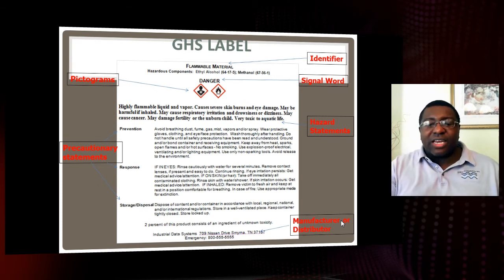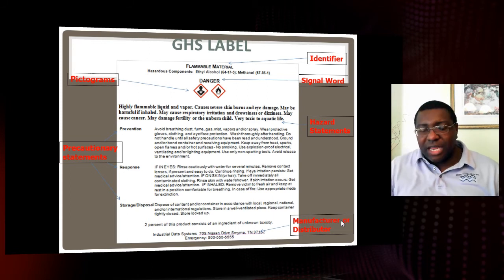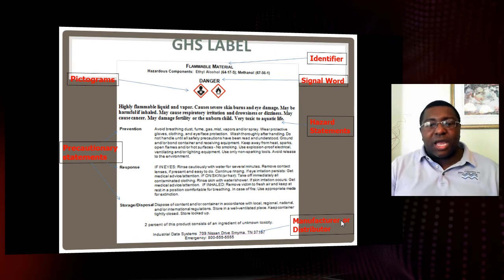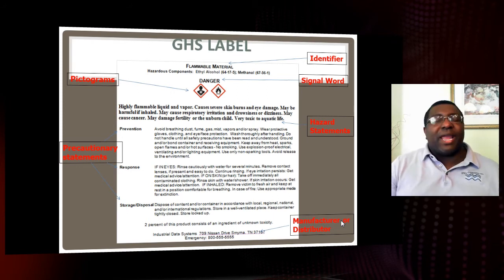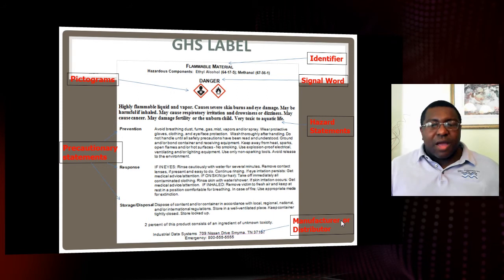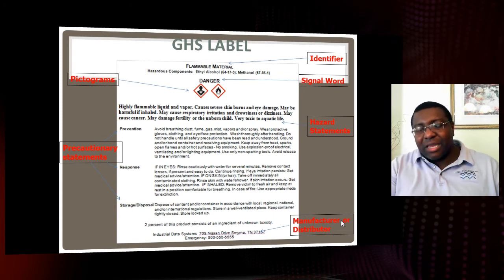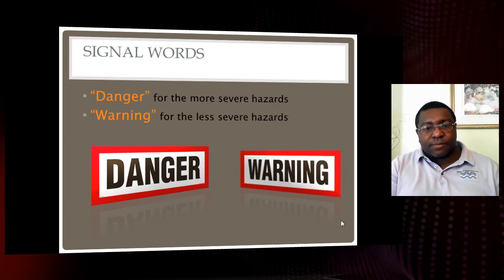You can't have your identifier and then the manufacturer and distributor right underneath it, because that is not a GHS label. The purpose of the GHS is to have everything look the same no matter where the product's coming from, if it's coming from Japan or Haiti or America or Canada. All these things have to be lined up in the exact same way for continuity.